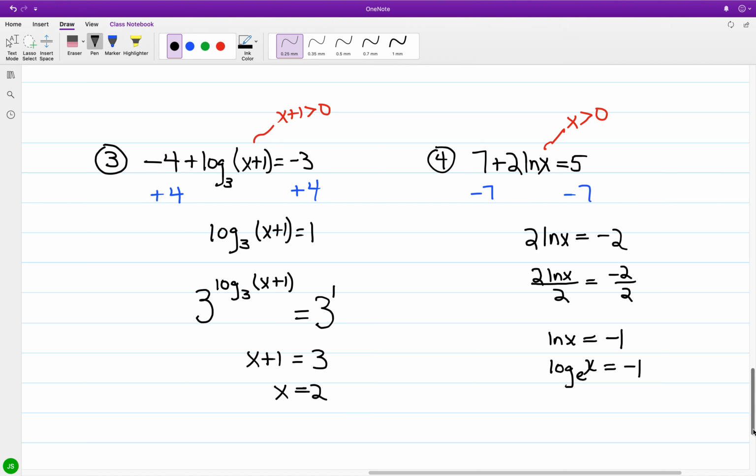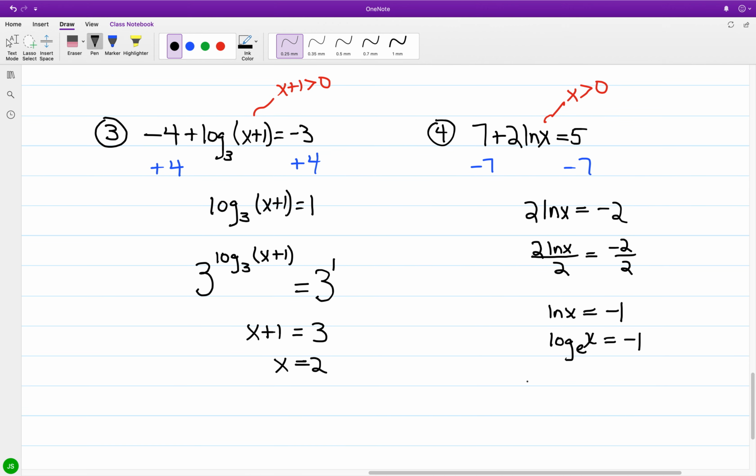To take care of the base e logarithm, I can apply the matching exponential base. So I have e to the base e logarithm of x is equal to e to the negative 1. E to the base e logarithm of x becomes x. We have x is equal to e to the negative 1.